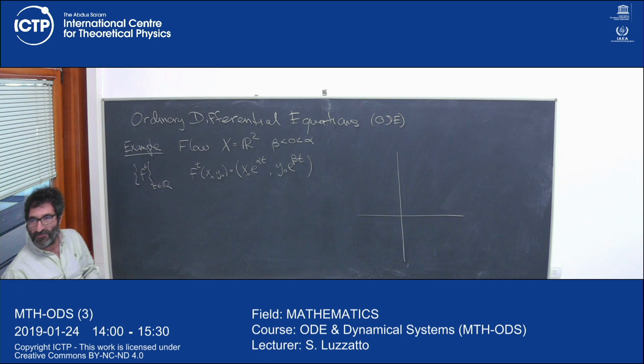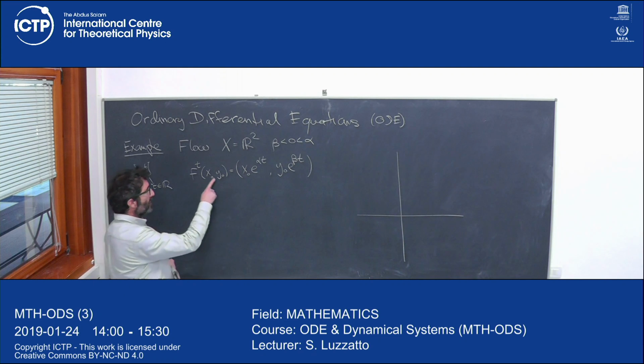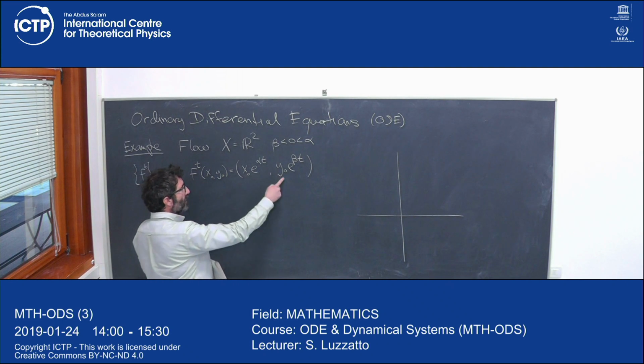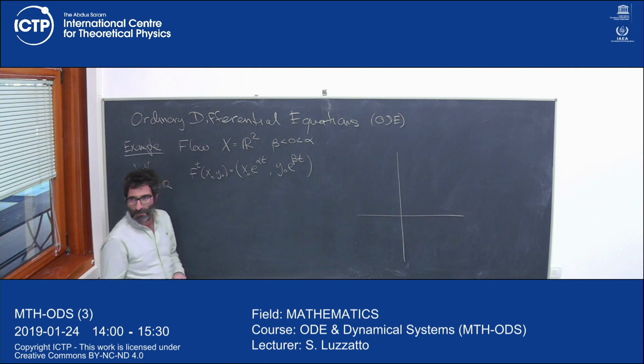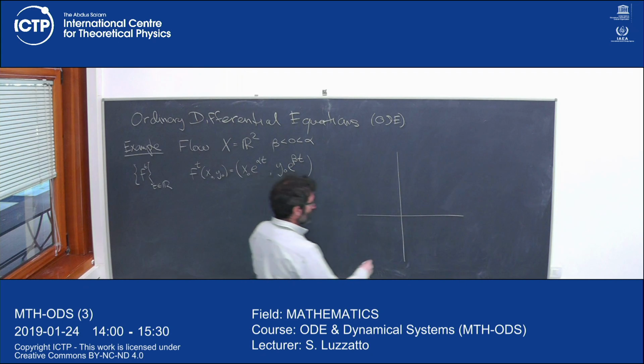So what does this flow look like? Does it have a fixed point? 0 and 0. 0, 0 is a fixed point, right? Because this is the initial condition. If you start in the origin, this will always be 0, 0. So 0, 0 is a fixed point.